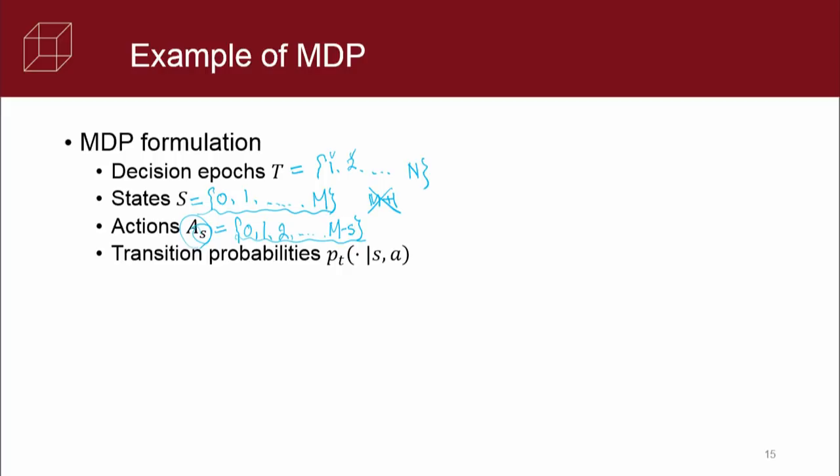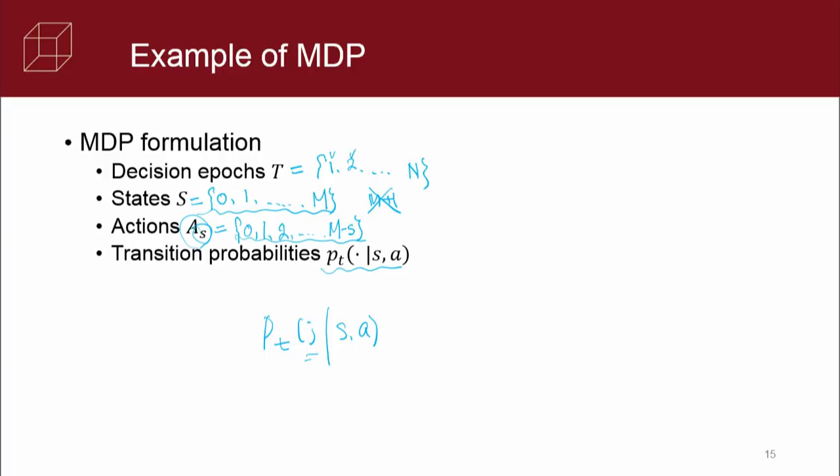Right? And we now define the transition probabilities, or this conditional probability. So I will define p_t(j | s, a). In this case, j refers to the number of units in the warehouse at the beginning of the next month, or month t plus 1.